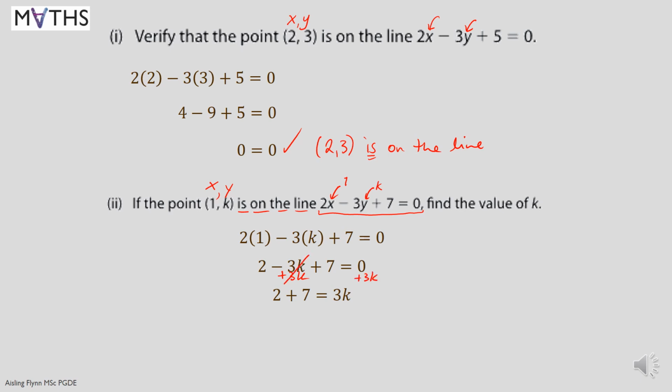Now you can take a piece of paper and do these workings yourself. You're left with 2 plus 7 on the left. So we get 9 equals 3k. I'm going to solve for k, which will be, when you divide both sides by 3, k equals 3. Okay, so just because there are letters involved doesn't mean you shouldn't follow the same kind of steps as you did in question 1.